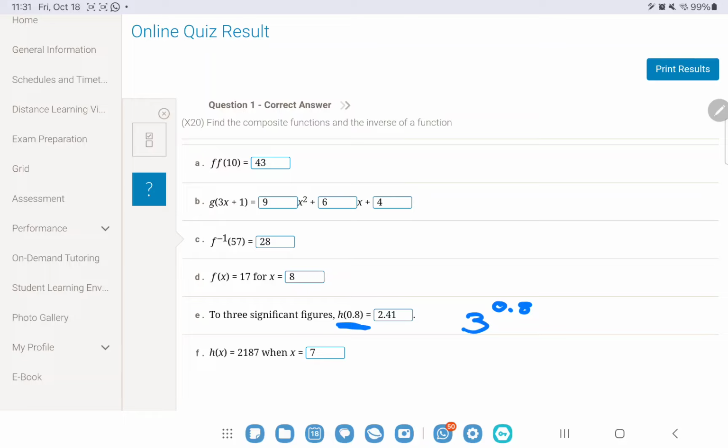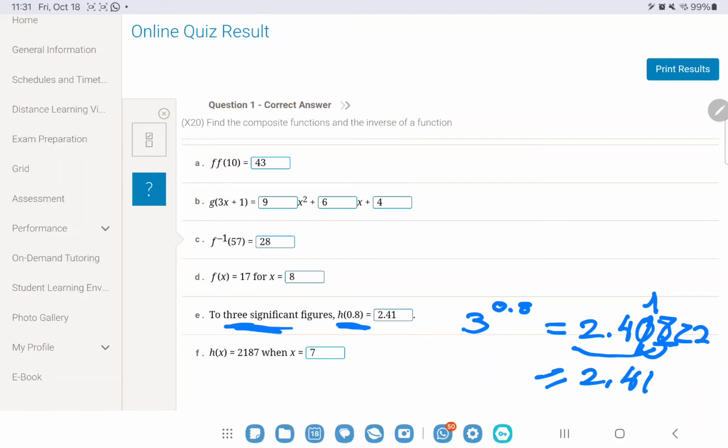You're gonna get an answer that's 2.40822 whatever. They want 3 significant figures. So you're gonna take the first 3 numbers, and this next digit is bigger than 5, so you're gonna round it up. It's gonna become 1. So it equals 2.41.